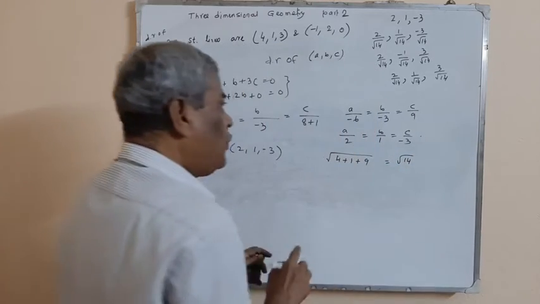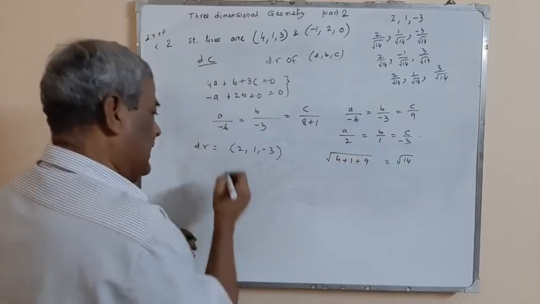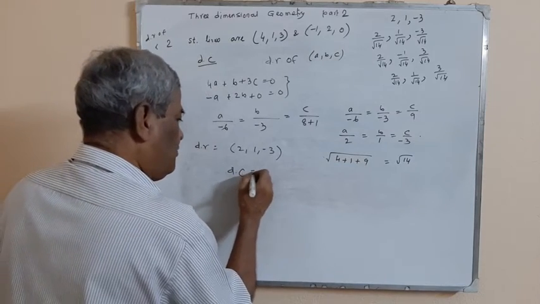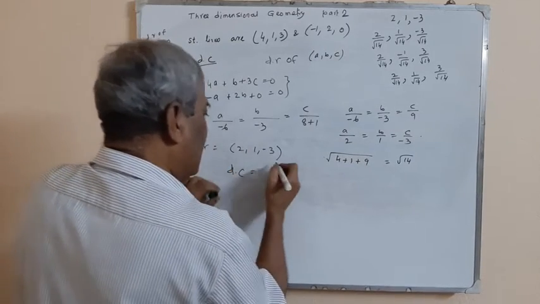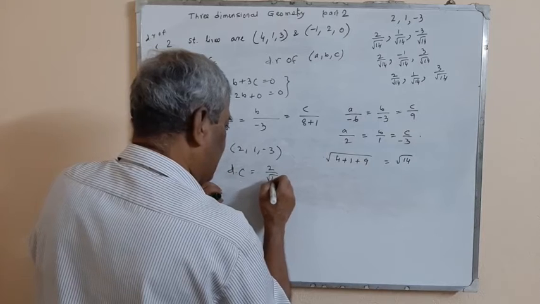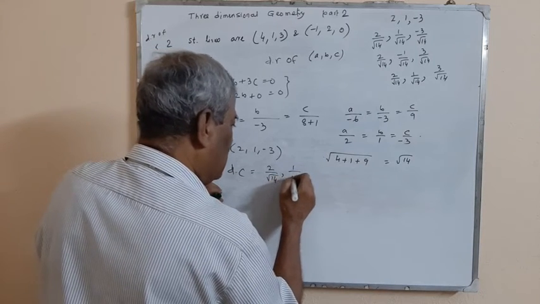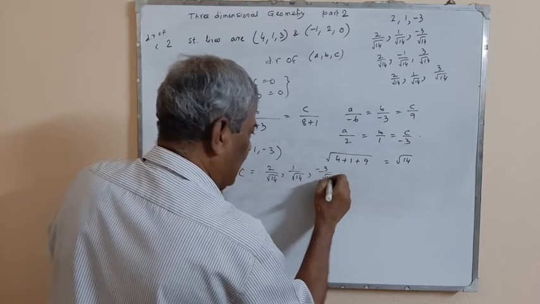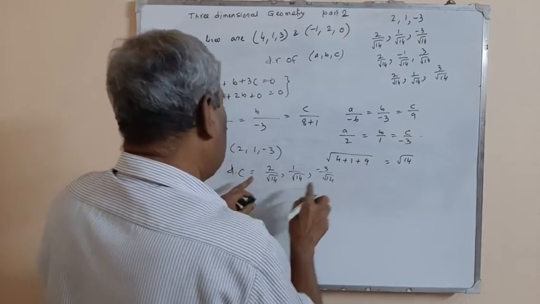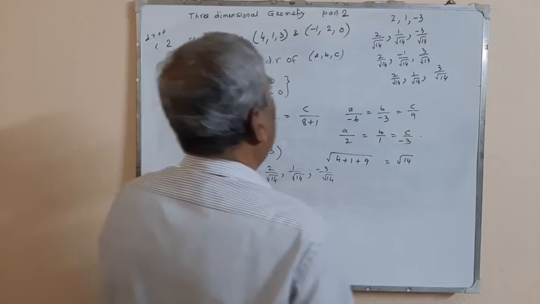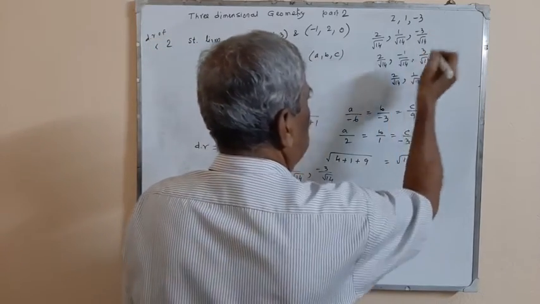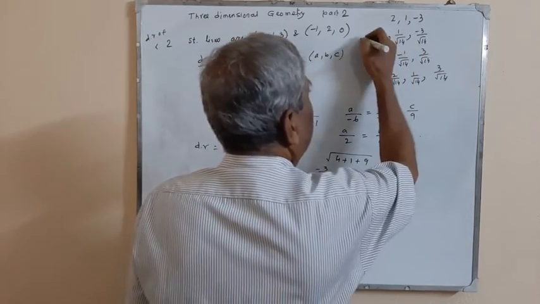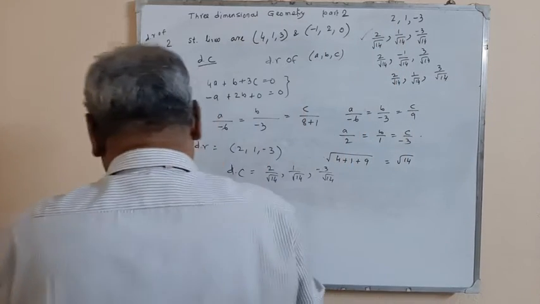So the required direction cosine is 2 by root 14, 1 by root 14, minus 3 by root 14. So this is the required direction cosine of the required straight line. So this is our correct answer.